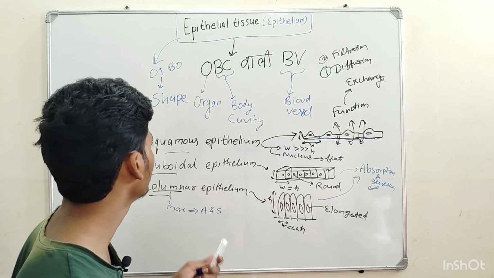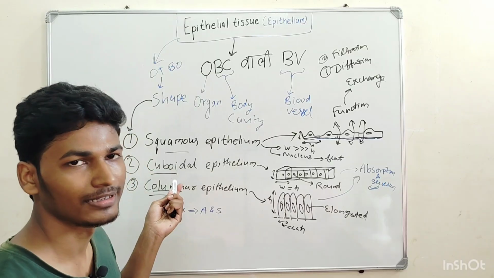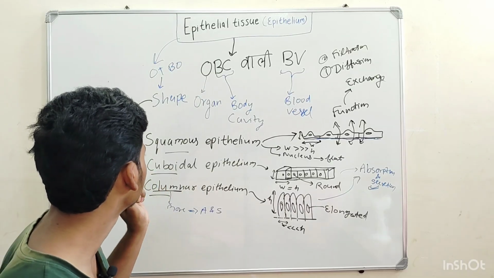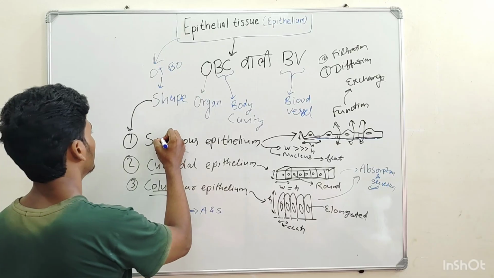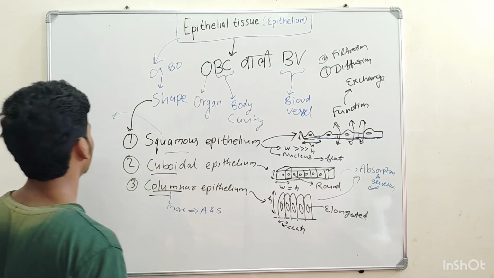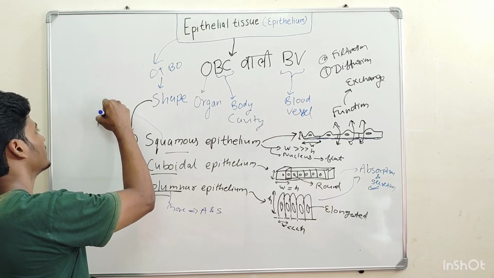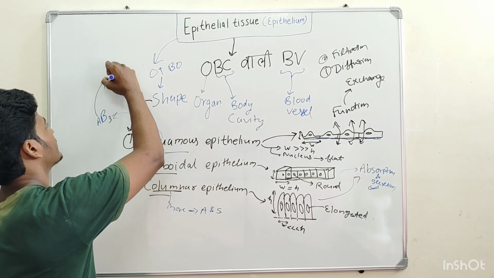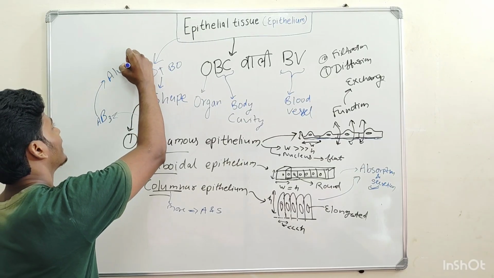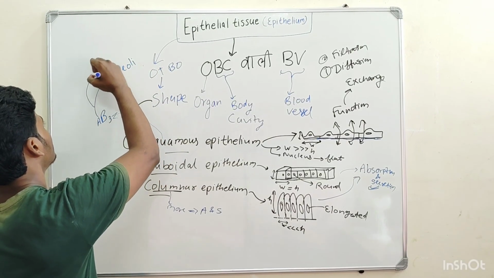And next we will talk about examples in our body where these epithelia are present. For squamous epithelium, you can easily remember examples from the trick AB3, where A stands for alveoli, and there are 3 B's.